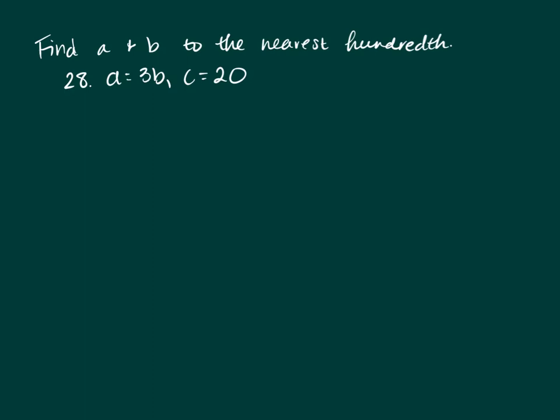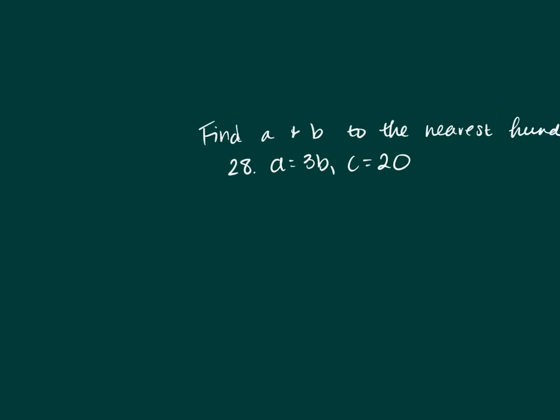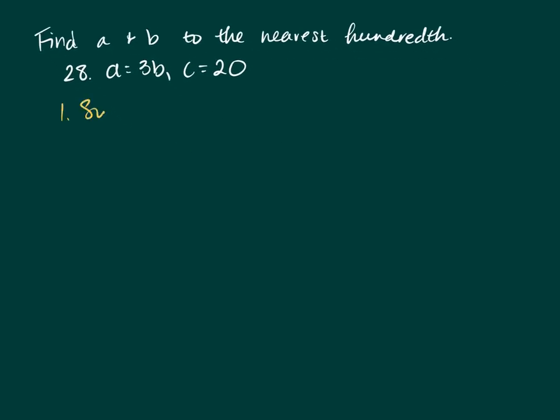Lastly, we need to find a and b to the nearest hundredth for when a is equal to 3b and c is equal to 20. So instead of where in 22 we were able to find a value for b right away, we're going to substitute 3b for a in Pythagorean's.